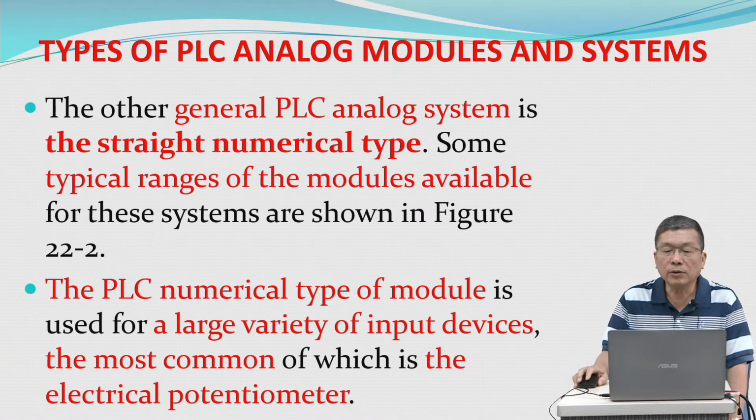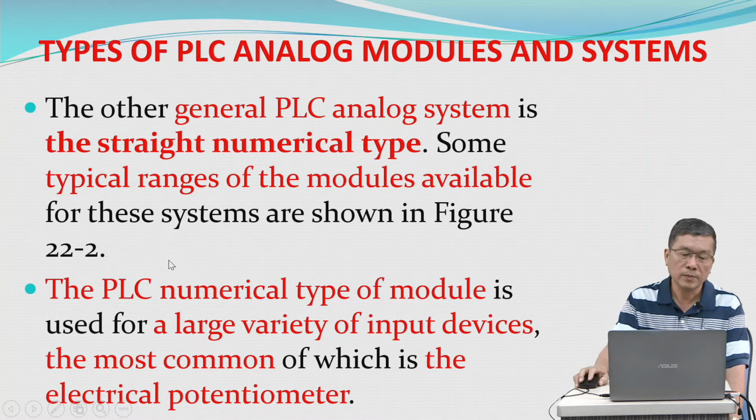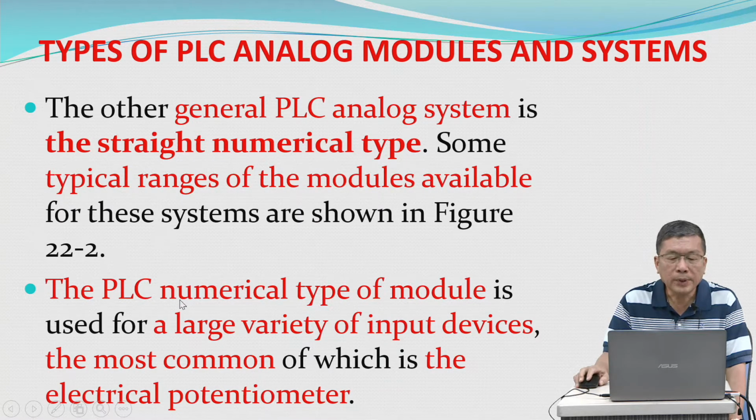The other general PLC analog system is the straight numerical type. Some typical ranges of the modules available for this system are shown in Figure 22.2. The PLC numerical type modules are used for a large variety of input devices, the most common of which is the electrical potentiometer.